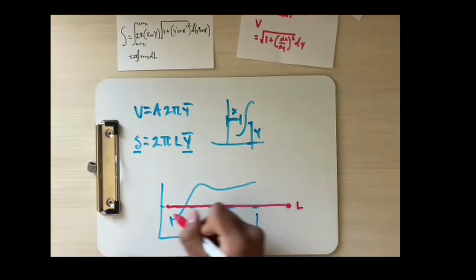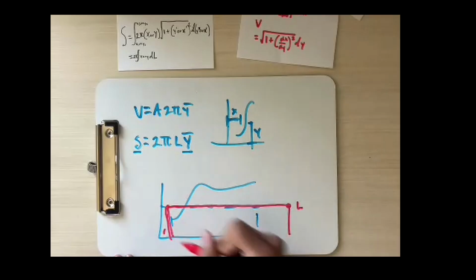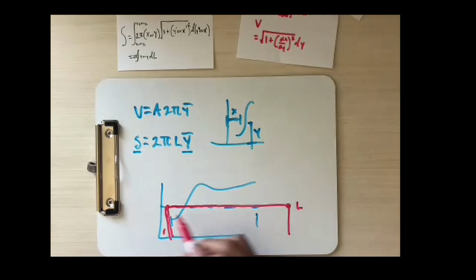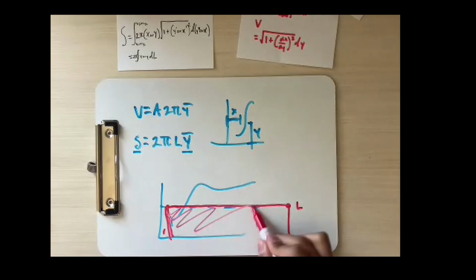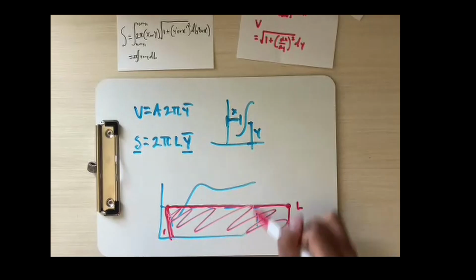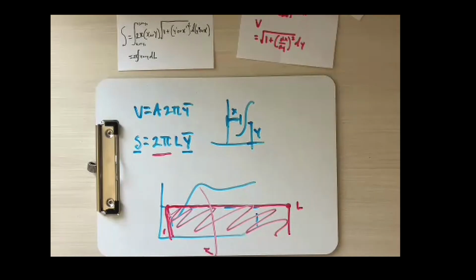We're just multiplying it by that, our y bar. This area here is the same thing as the surface area generated by rotating this about, right? Once we multiply by 2 pi, that 2 pi does that for us. So yeah, that's another cool connection that I thought is pretty interesting, something to think about, and that might show up later in your classes.